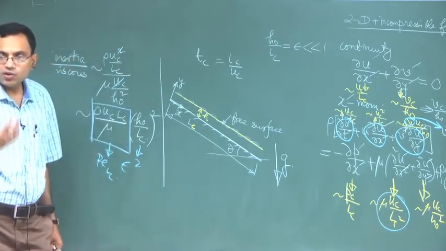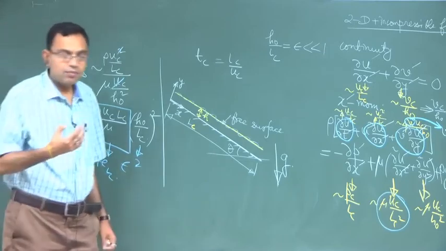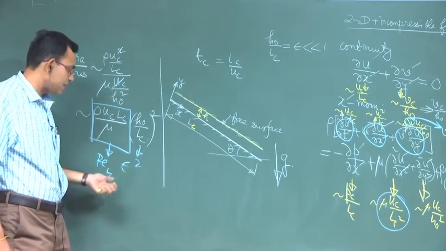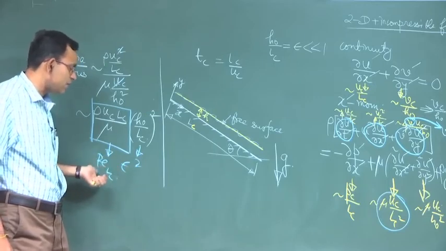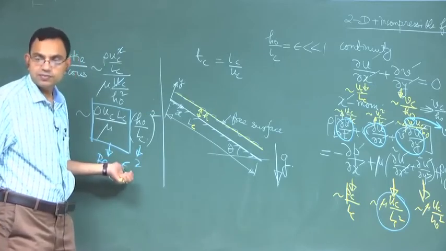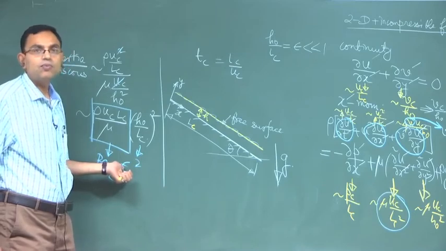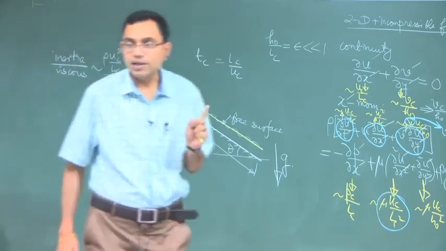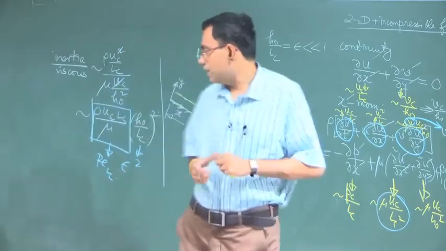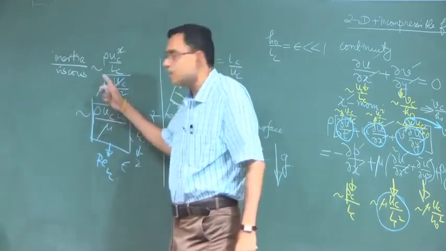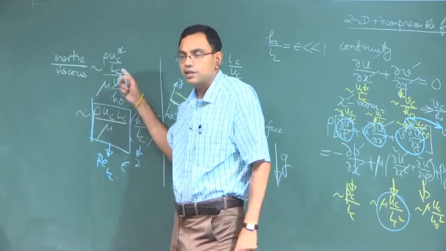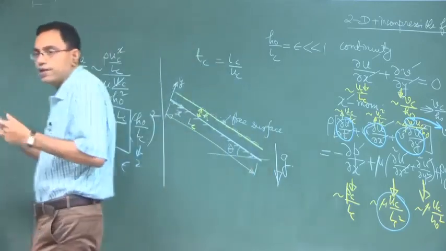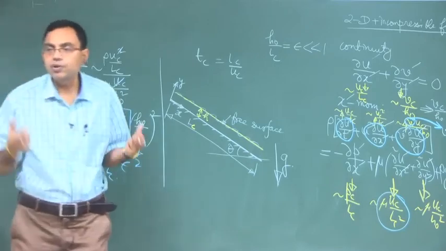When epsilon square is much less than 1, your intuitive expectation is that even for a moderate Reynolds number this will not be very large, and therefore for most of the thin film problems, although it is not mandatory, it is customary that under all practical circumstances the inertial effects are not considered, until and unless the inertial effects are so important and so dominating that they have to be considered.